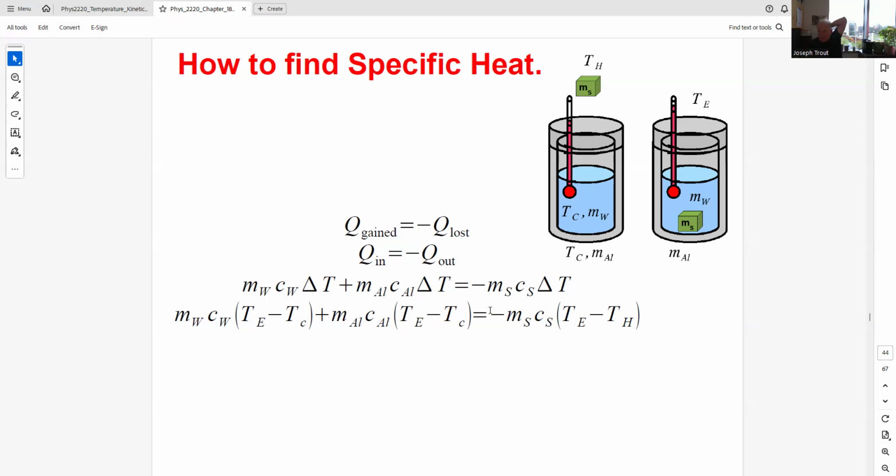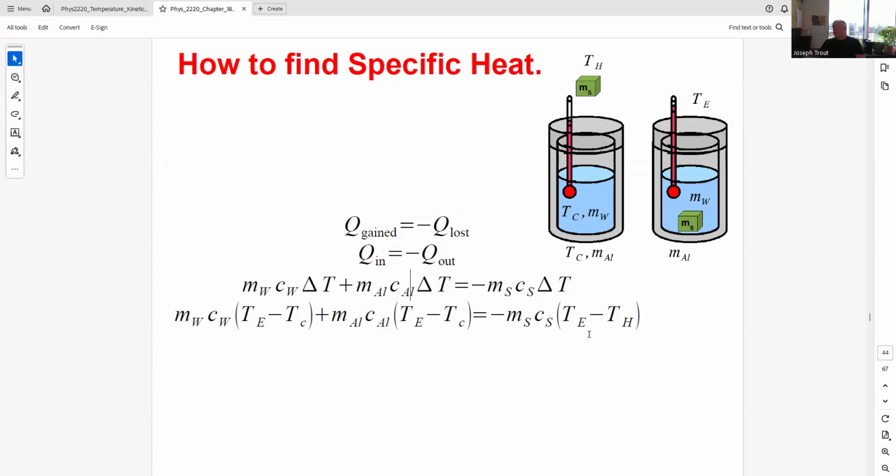And where does this heat come from? It comes from the sample. So we get the mass of the sample, the specific heat of the sample, times the change in temperature of the sample, right? And for our water, the final temperature is equilibrium temperature, and the initial temperature is the cold temperature.